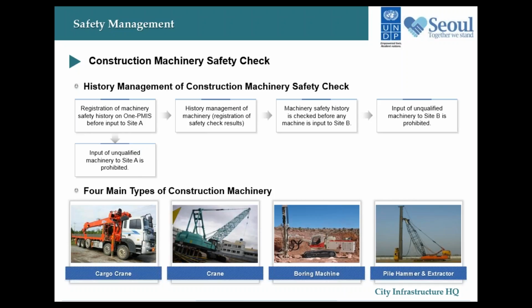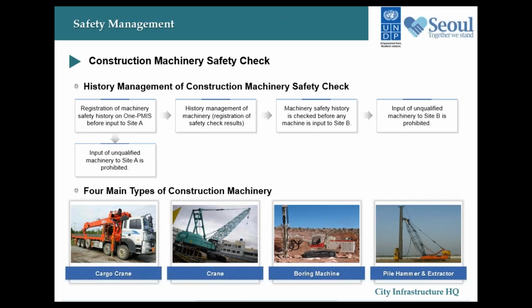So Seoul government has created this dedicated menu for the construction machinery safety check in order to reduce the accident occurrence rate due to the size and the complexity increases of the public construction sites. So with this feature, Seoul requires contractors, including their subcontractors, to register on one PMIS the basic information of their construction machinery deployed at the sites.